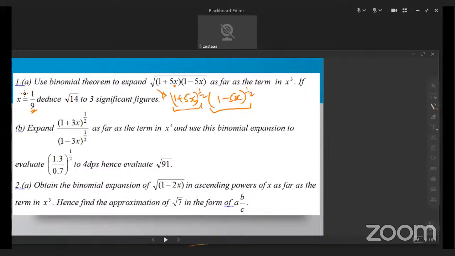When you do the substitution, substituting 1 out of 9 into this, you're going to come to root 14. So in case you have any of these questions, even this one, we can carry on the same format.